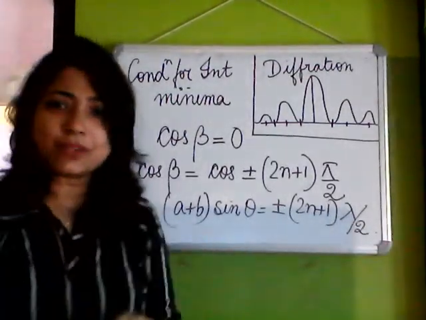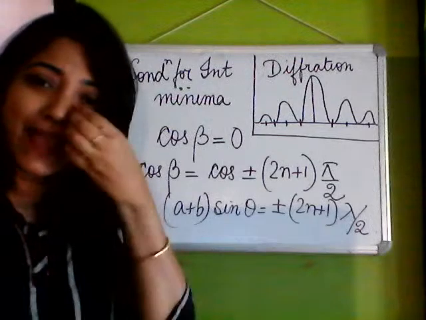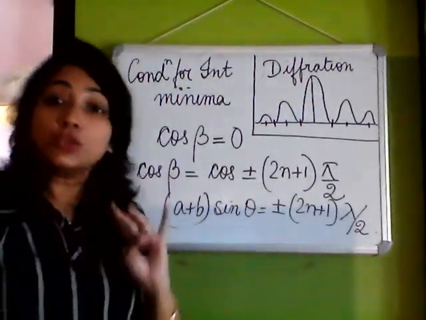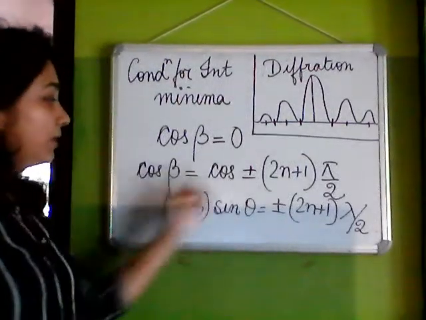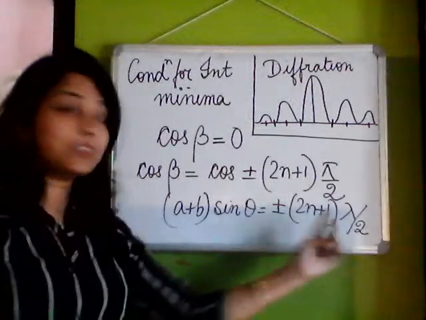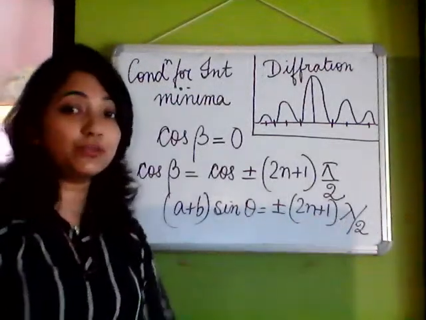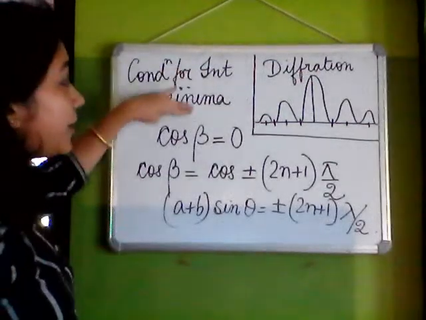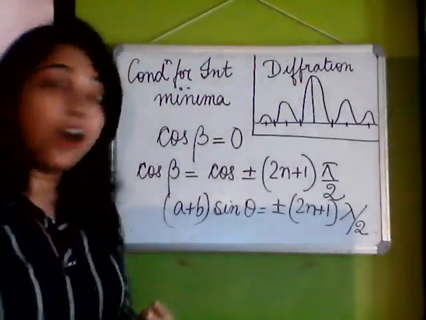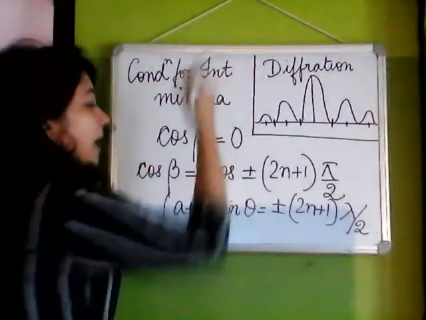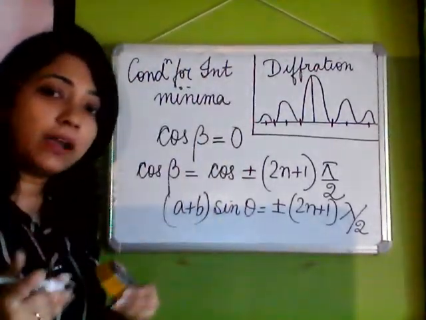I have jumped one step, but I guess all of you will be able to understand what I have done. So see, in this scenario, this path difference being odd multiples of lambda by 2 is yielding us the conditions for interference minima.